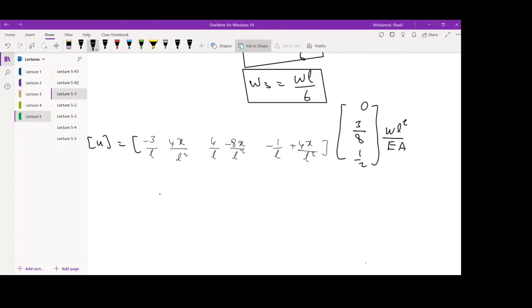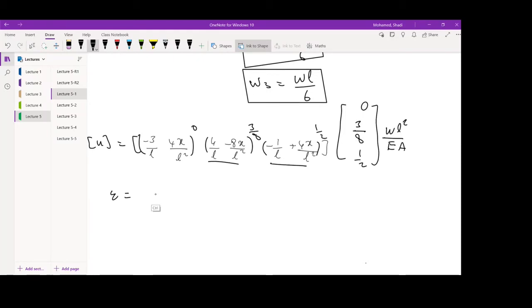If you expand this, sorry, this is the strain. The strain is going to be this term multiplied by 0, this term multiplied by 3 over 8, and this one multiplied by 1 over 2. The first one is just 0.